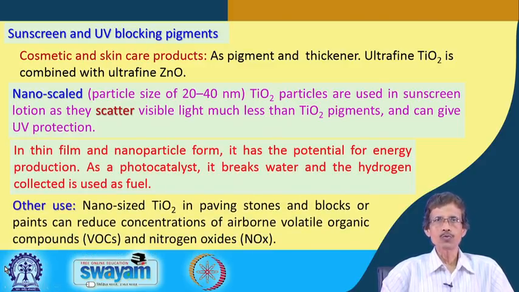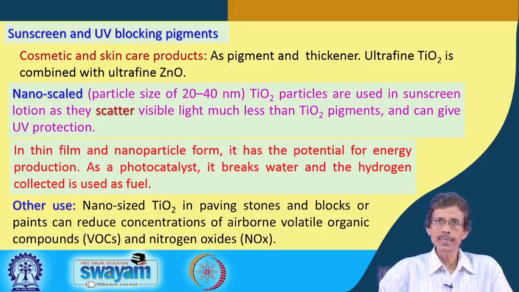Then another very useful use of the nanoparticles of titanium dioxide is for making pavement stones, that means stone blocks, or paints which can reduce the concentration of airborne volatile organic compounds. When the surface of that titanium dioxide is activated photochemically by the sun rays, it can function as a photocatalyst for breakdown of these organic compounds.